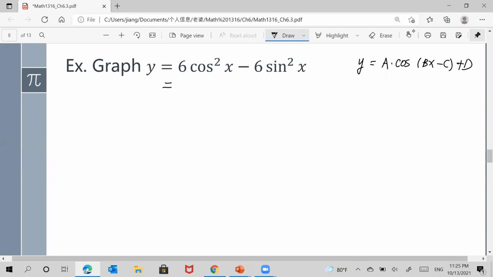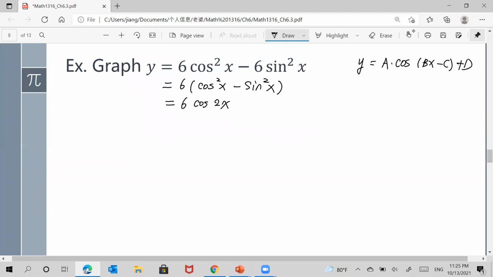So pull out the coefficient 6, cosine x squared minus sine x squared. So it's very familiar for us because the inside term is cosine 2x, 6 times cosine 2x. So this time we convert to the expression.